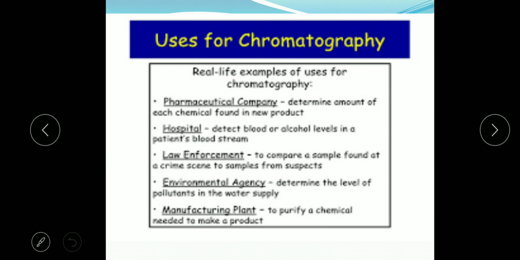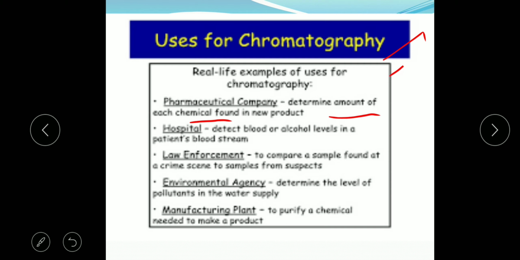Then what is the use of chromatography? In real life examples, there are various uses, like pharmaceutical companies that determine the amount of each chemical found in a new product through the process of chromatography. In hospitals also, chromatography is used to detect blood or alcohol level in a patient's bloodstream.